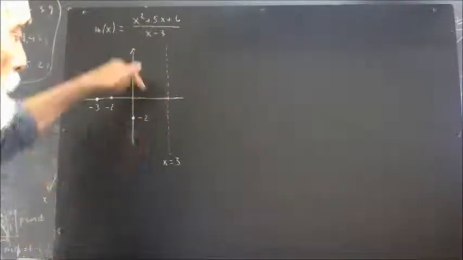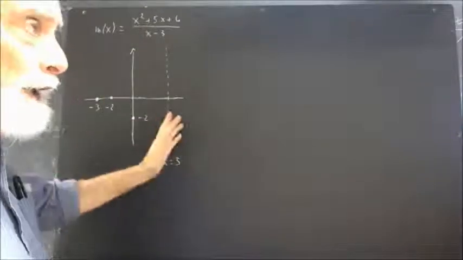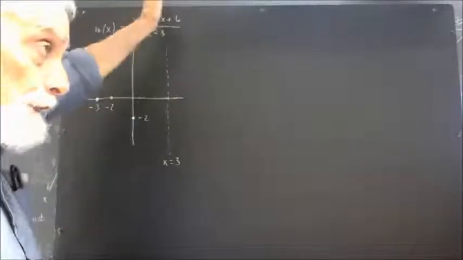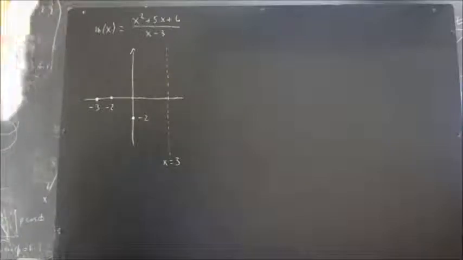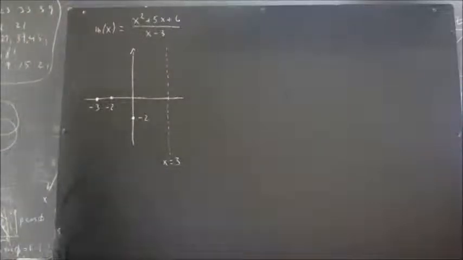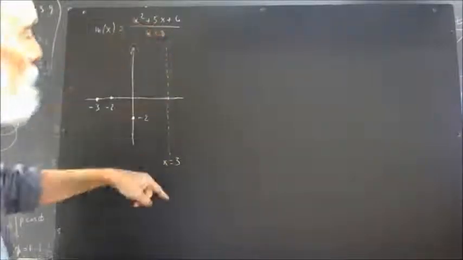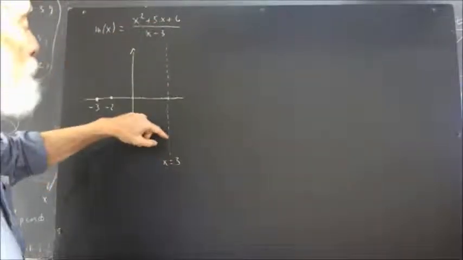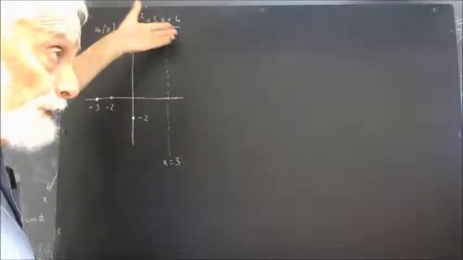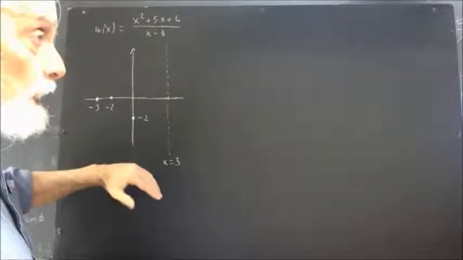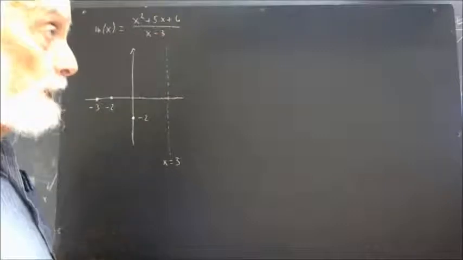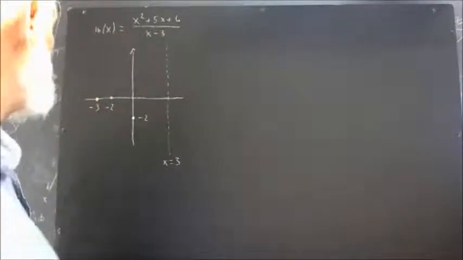It's going to jump from a huge negative instantaneously past 3, and all of a sudden it's a huge positive. So that's not nice and smooth, but that can happen. Now, it can also happen with some functions that it's got the same sign, either positive on both sides of the asymptote or negative on both sides. But that's not going to be the case here because of what we just talked about.